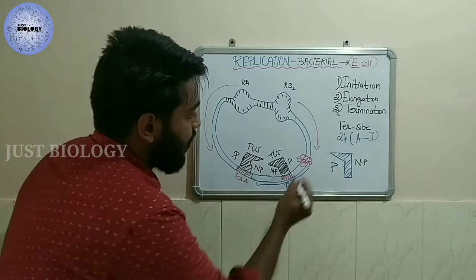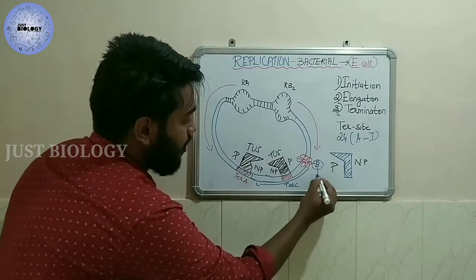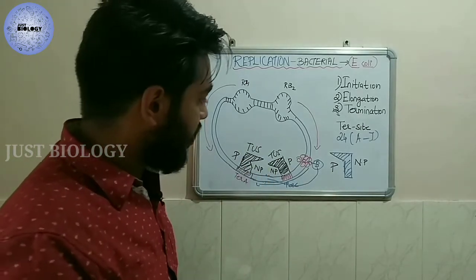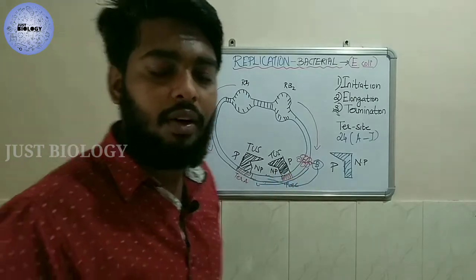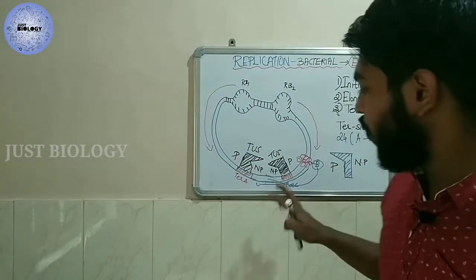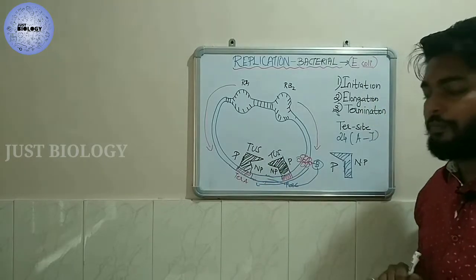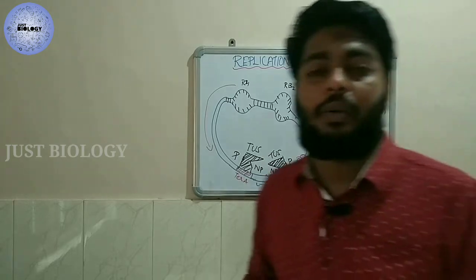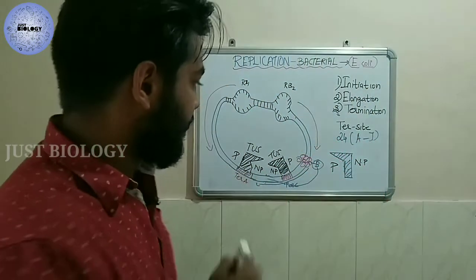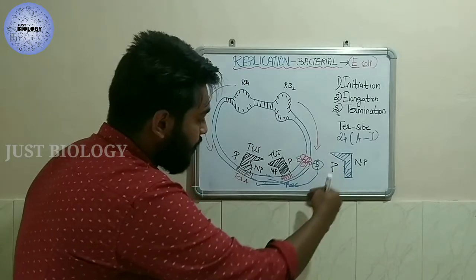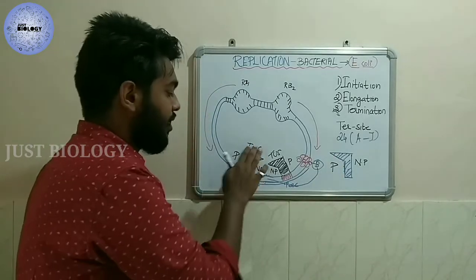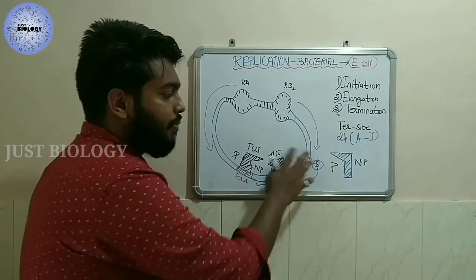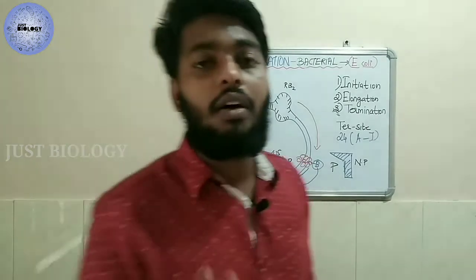And when this B protein reaches the non-permissive end of the next TUS protein, this B protein will fall off, or it will dissociate once it meets the non-permissive end of the TUS protein. So this is the idea of TUS-TER complex mediated termination. So when this B protein meets the non-permissive end of the TUS-TER complex, as a result, the B protein will dissociate or fall off.